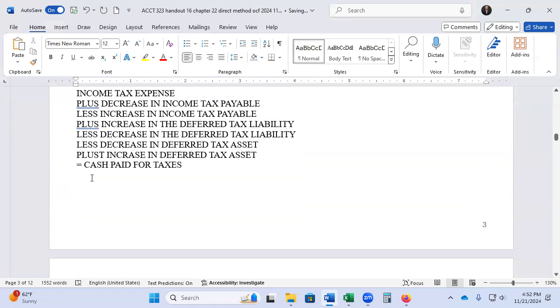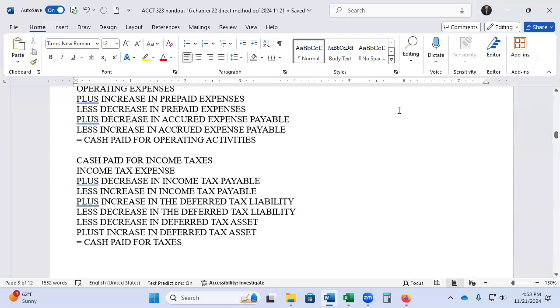Take your time, get them all down. I'll give you a minute to catch up in case I'm going a little too fast. Sorry about that. The deferred tax asset and deferred tax liability are not treated the same. You lost the decrease in tax. I might have gotten these to the deferred tax liability plus.